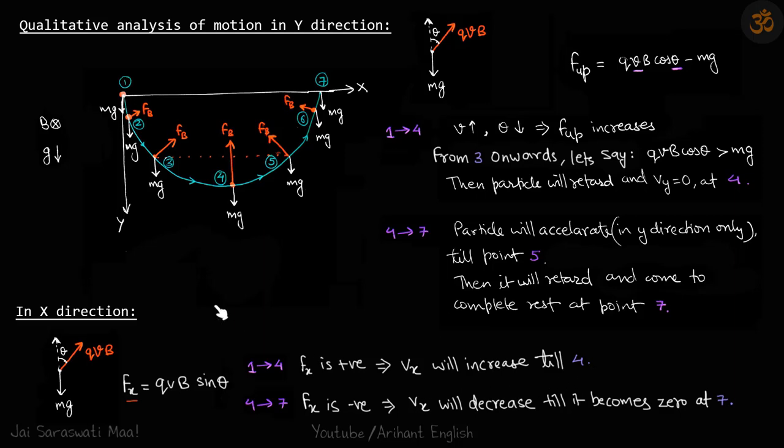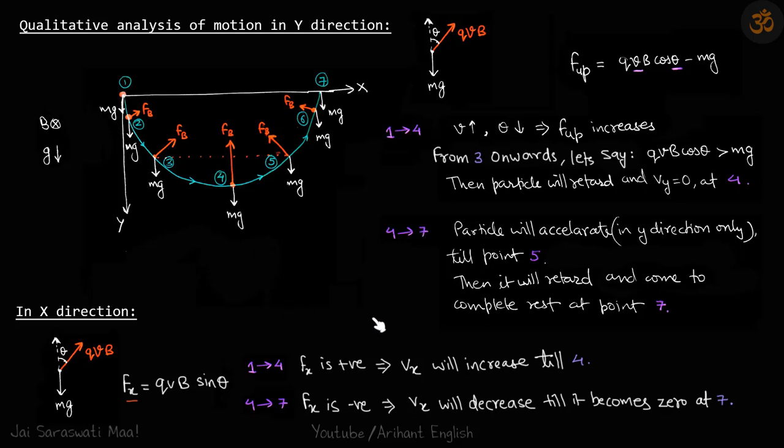So Vx will reach its maximum value at 4. After that, force is in negative direction. Fx is in negative direction. So Fx is negative. So in x direction, the particle will then retard, and again it will come to full stop. Vx is equal to 0 at 7.